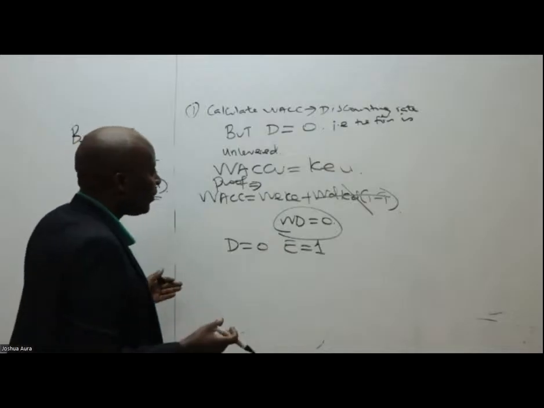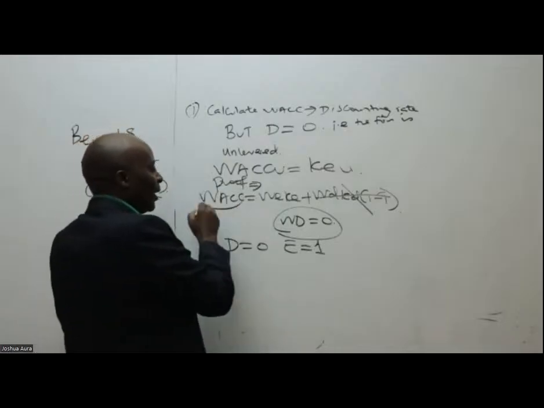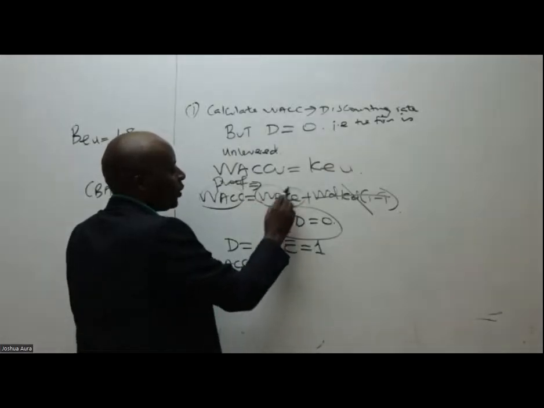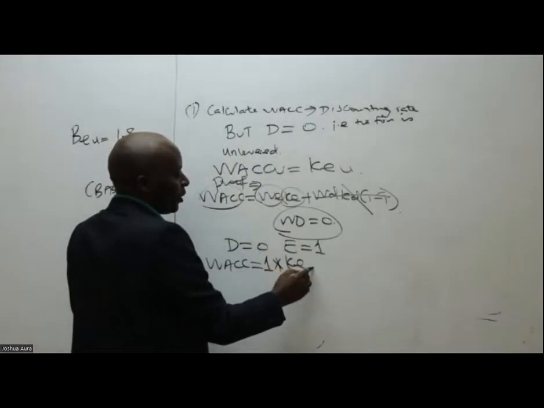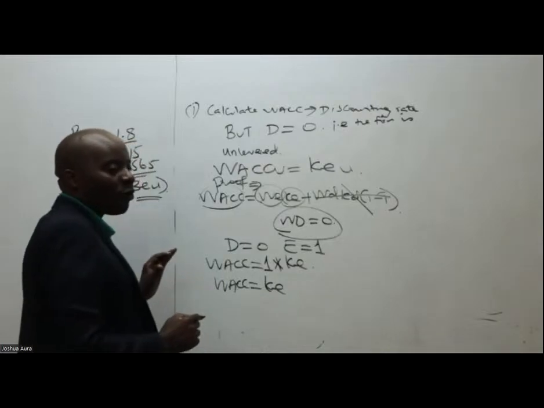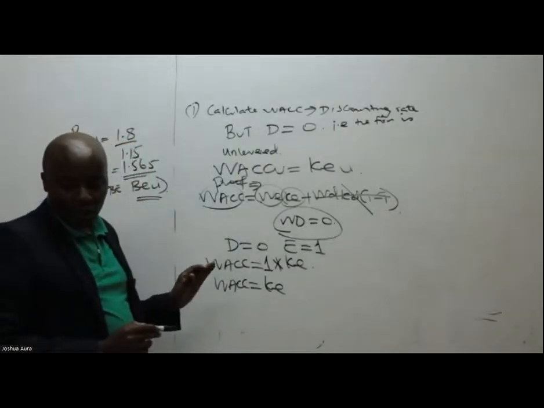So meaning something very important happens then, that our WACC will be equal to weight of equity, which is 1, times cost of equity. So meaning that our WACC will be equal to cost of equity for unlevered organizations.